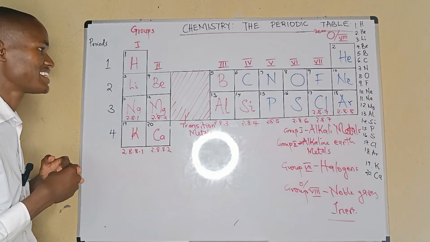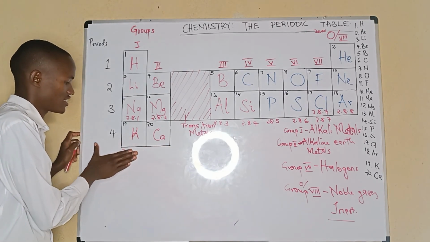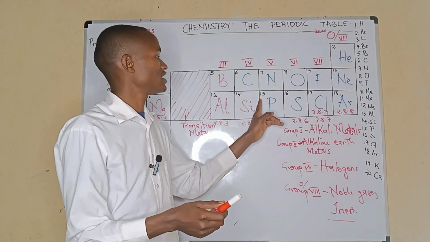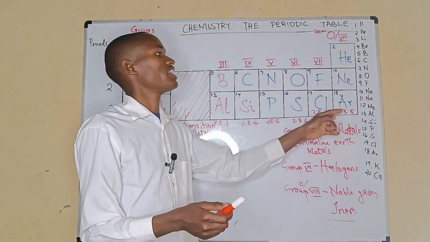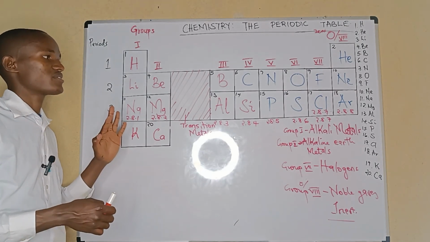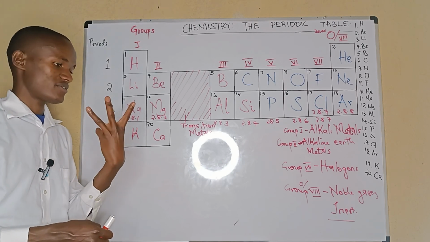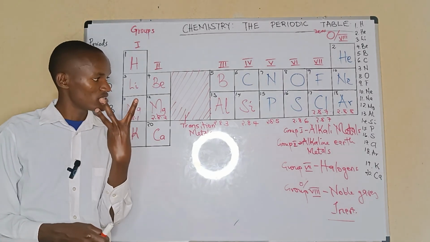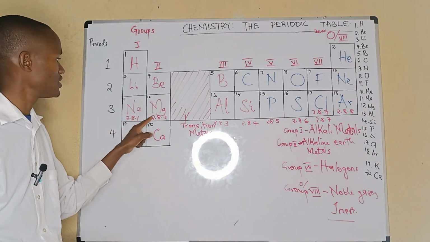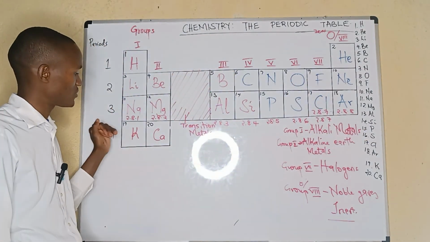The first thing to note is that the elements in period 3, sodium, magnesium, aluminium, silicon, phosphorus, sulfur, chlorine, and argon, each and every one of them has an electronic configuration with 3 energy levels, 1, 2, 3, up to argon. And from there, we go to the next period.